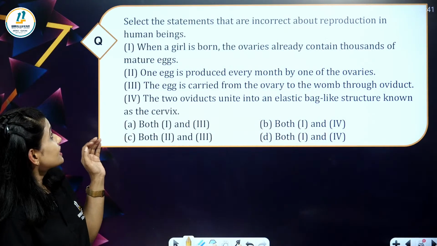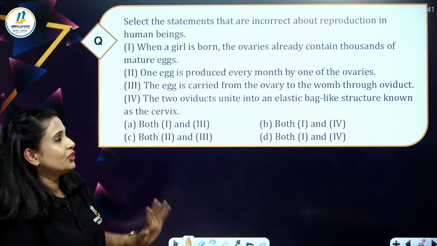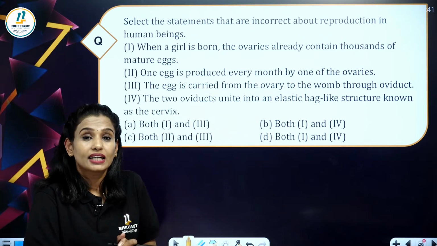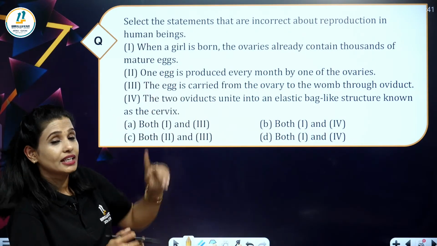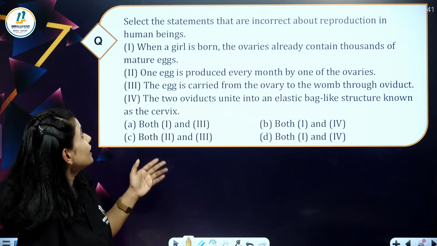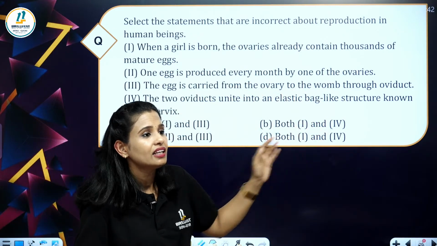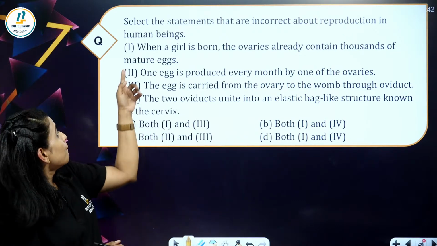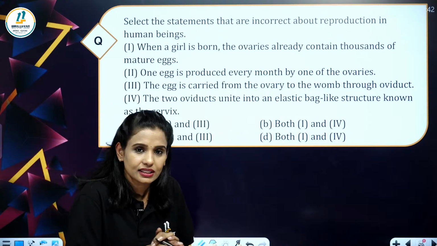Next question. Select the statement that are incorrect about reproduction in human being. Here are the options. When a girl is born, ovaries already contain thousands of mature eggs. Is that statement correct?